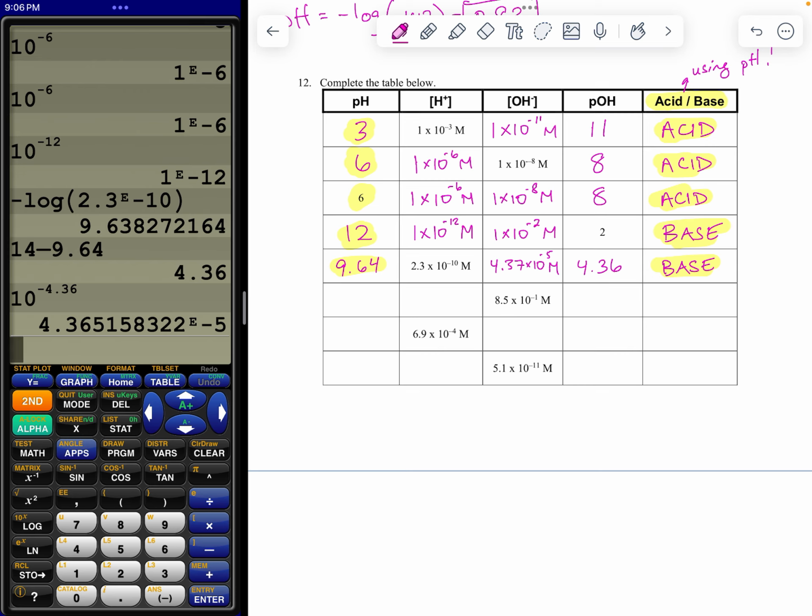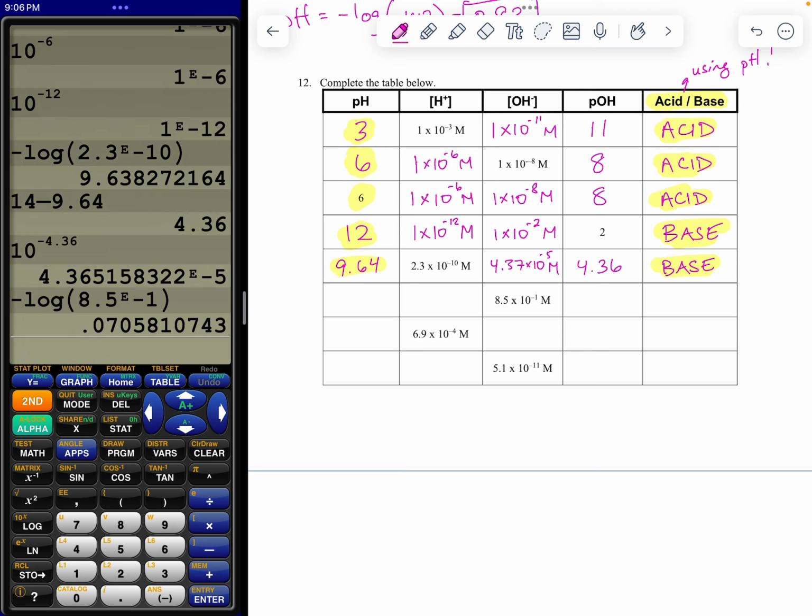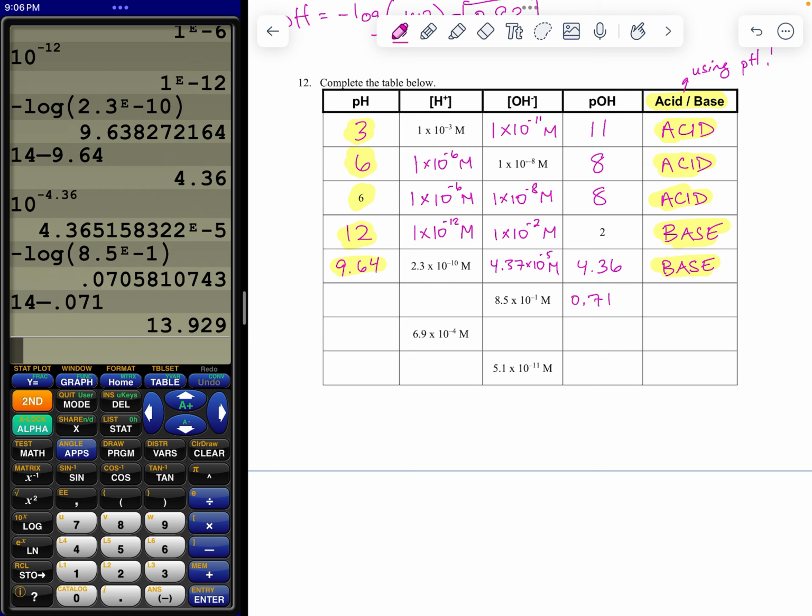Over here, we're given the concentration of OH. Let's find the pOH, negative log of that concentration value, which is 8.5 times 10 to the negative 1. That gives us a 0.71. And 14 minus 0.71 is going to give us about a pH value of 13.93.